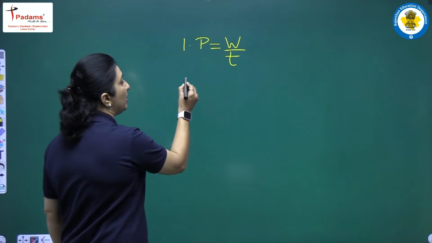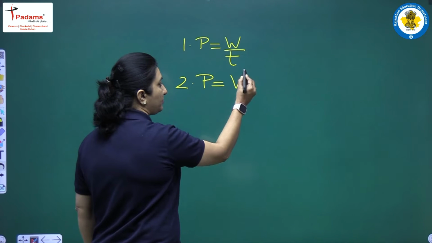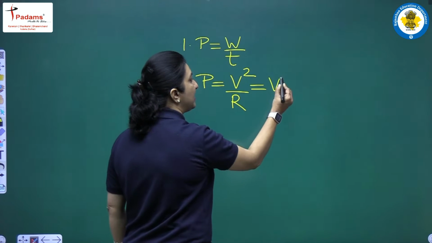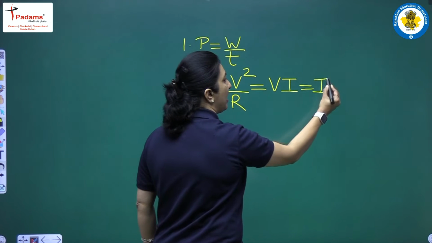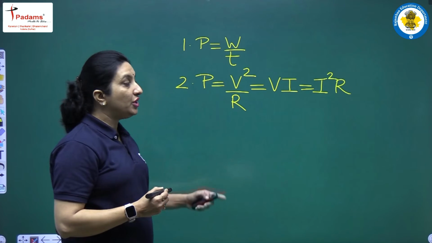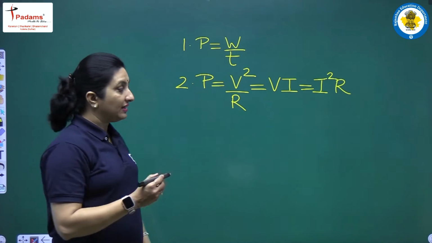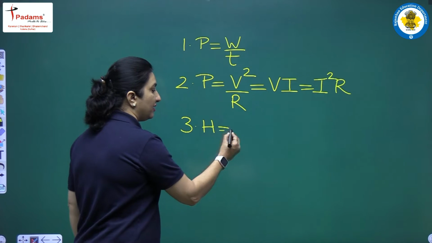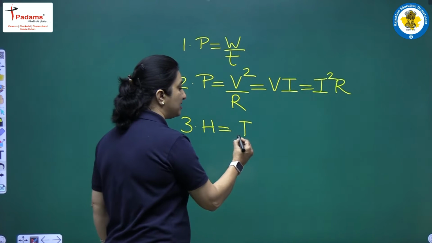The second formula which can be used for power may be V square upon R, or you can take power as VI, or you can take it as I square R. As the case may be, we can use any formula for electric power. Then we can have the heat content which is given by I square RT.